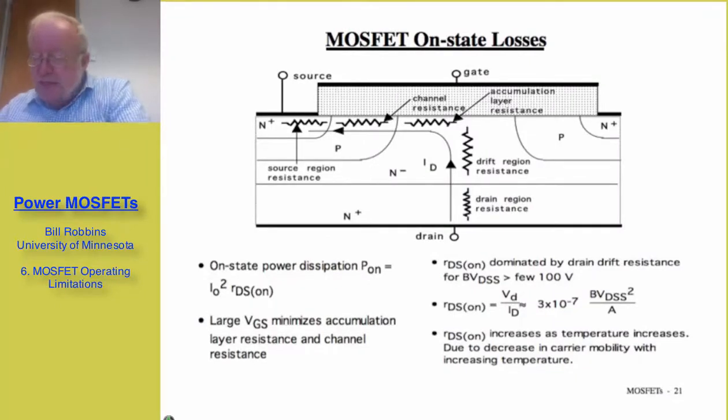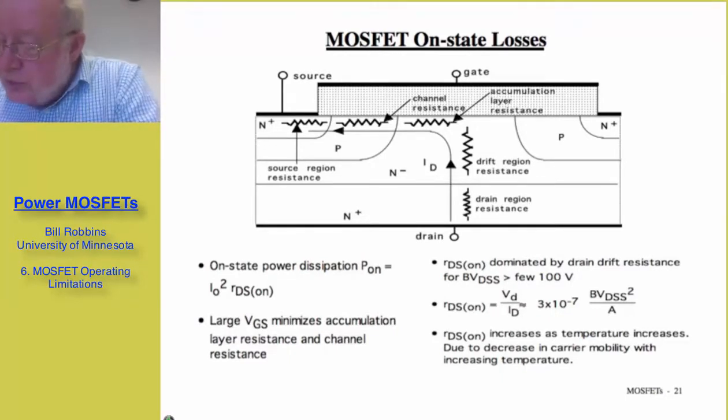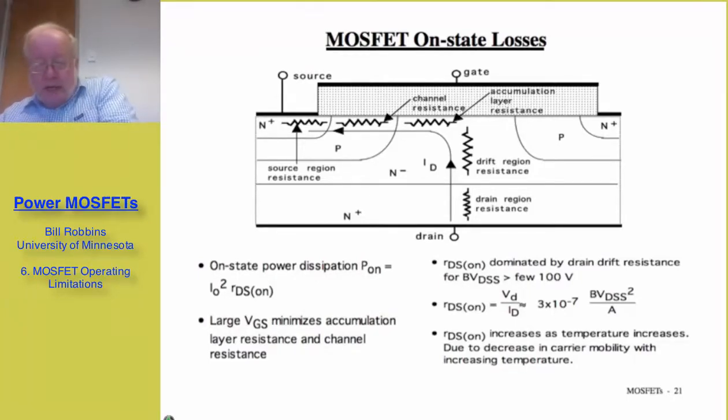There is the resistance of the source diffusion that I've indicated, the resistance of the channel, so-called accumulation layer resistance, which is where the current is now in the drain region but begins to bend over from being horizontal to the top surface to going vertically. There's the drift region contribution, and finally the drain region contribution.